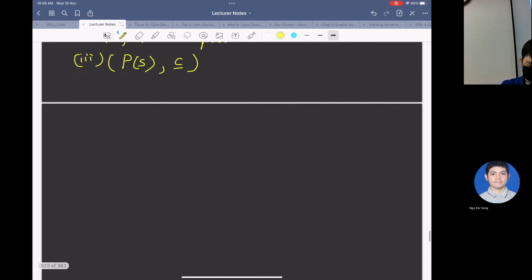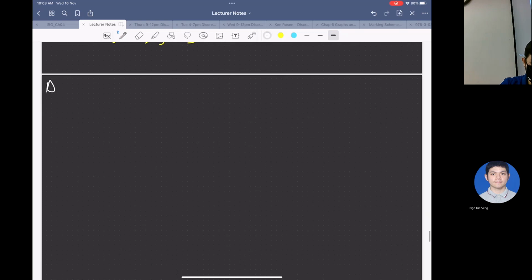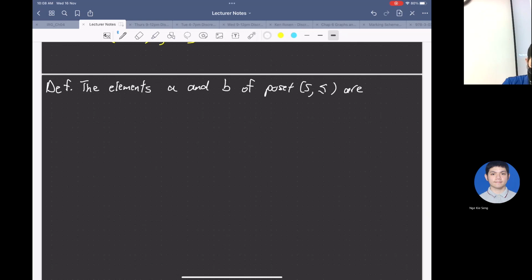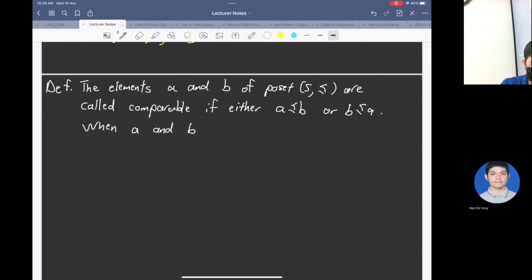So inside a poset, we can compare elements, and also there are elements that are non-comparable. If there are 2 elements in your poset, they are called comparable if either A can compare to B or B can compare to A. If they are not comparable, then we say that they are incomparable.